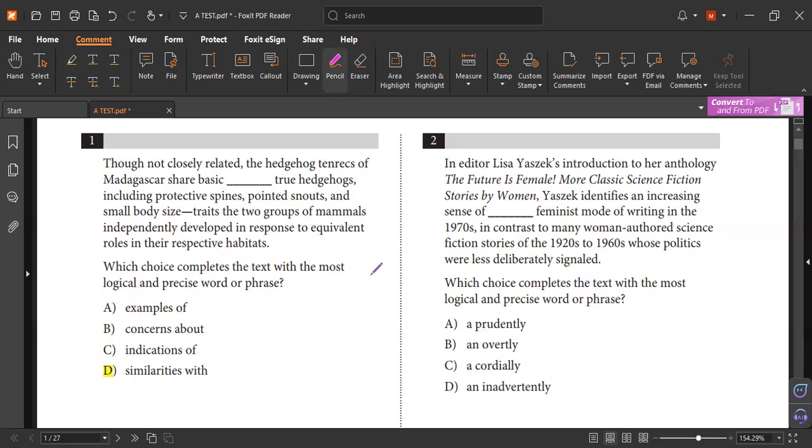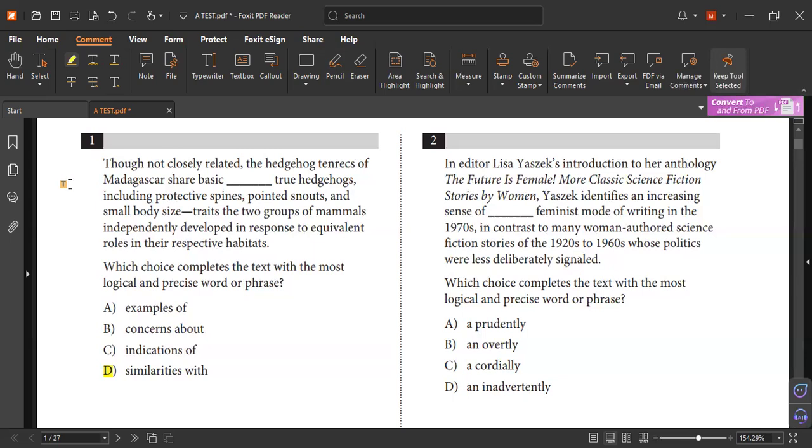Because he talks about the similarities between them, which helps you in the context to show its similarities. He said that the two groups of mammals develop certain traits in response to their habitats.